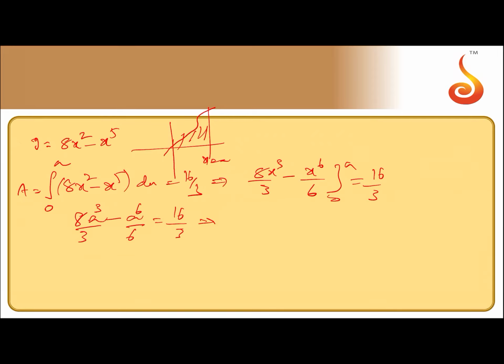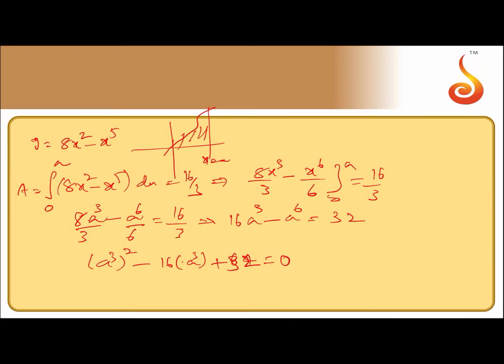Cancelling by 6, you'll be getting 16a cube minus a power 6 is equal to 32. So this can be written as a cube taken whole square minus 16 times a cube plus 32 is equal to 0.